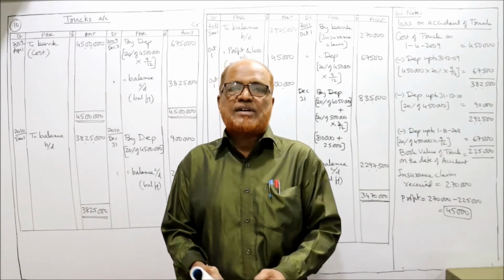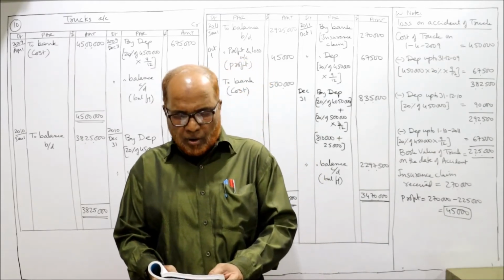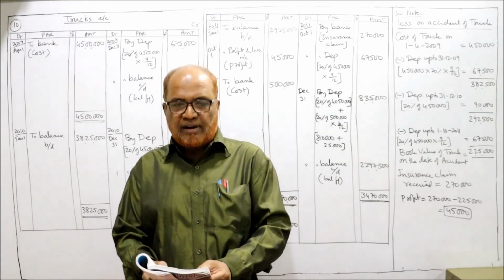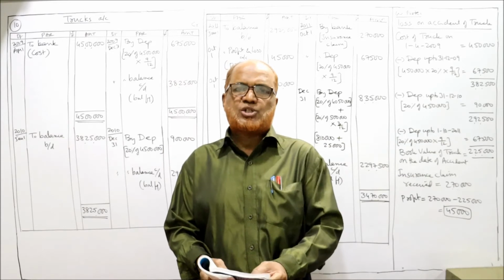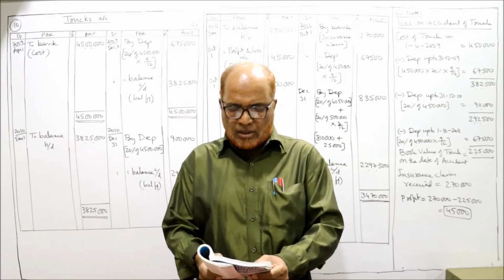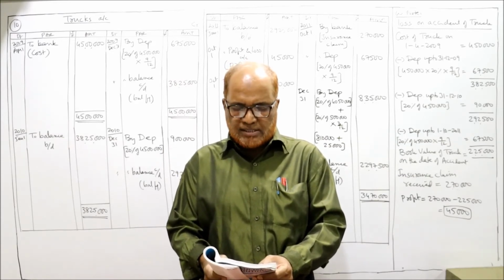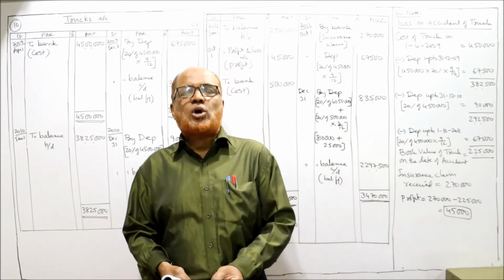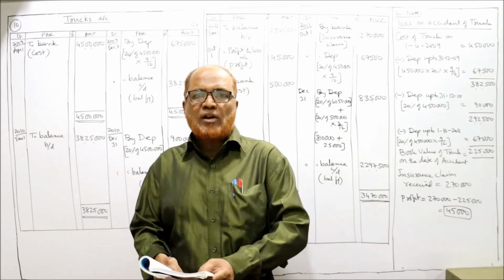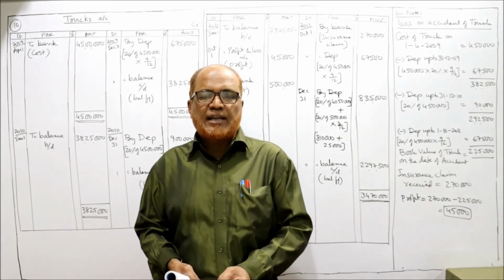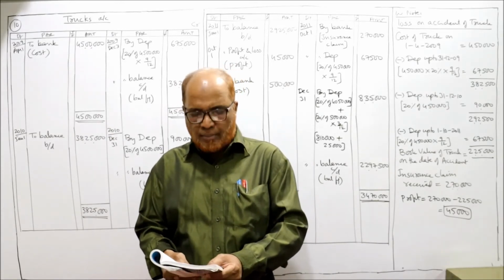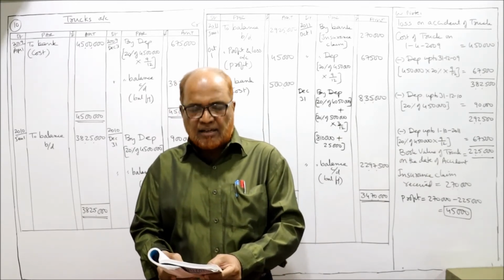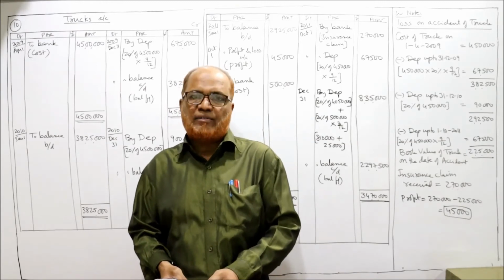On 1st October 2011, one of the trucks is involved in an accident and completely destroyed. 2,70,000 rupees is received from the insurance company in full settlement. And on the same date, another truck was purchased by the company for rupees 5 lakh.